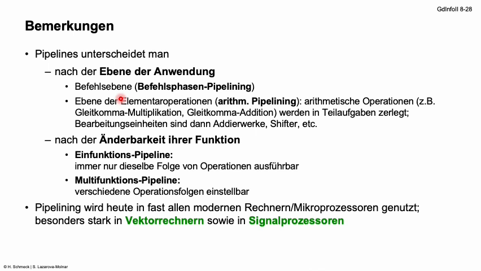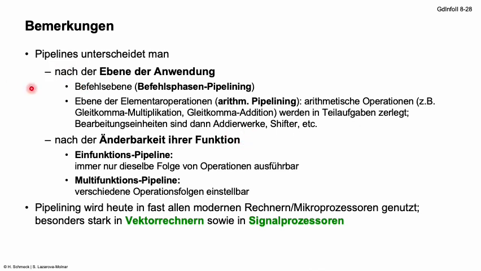So fetch, decode, etc. And then it can also happen at the level of elementary operations, which is known as arithmetic pipelining. In which case we divide these arithmetic operations into different partial tasks or subtasks, and then the processing units are specialized, as we mentioned before. They can be specialized, and then we talk about adders, shifters, etc.